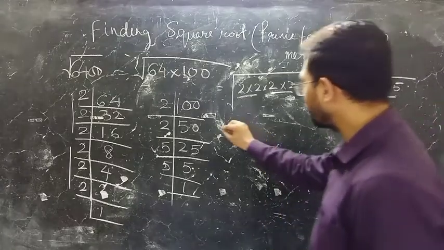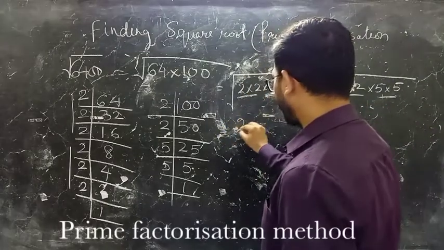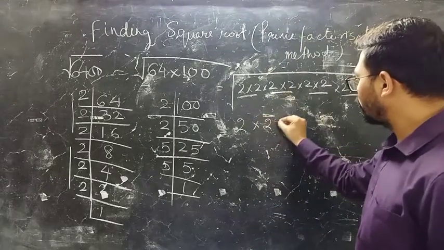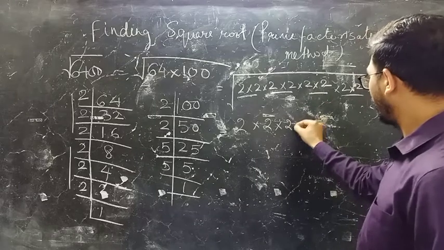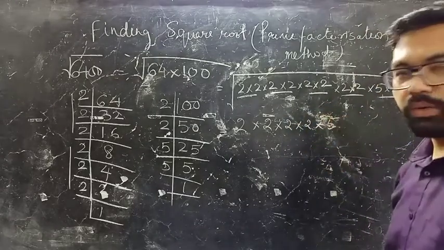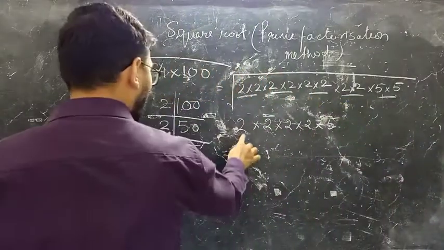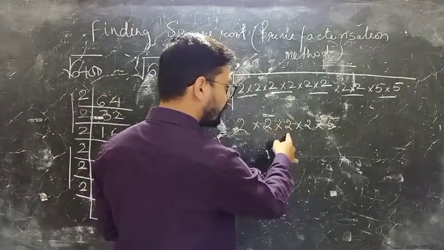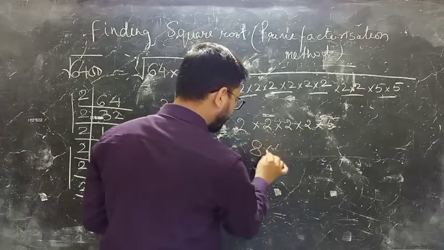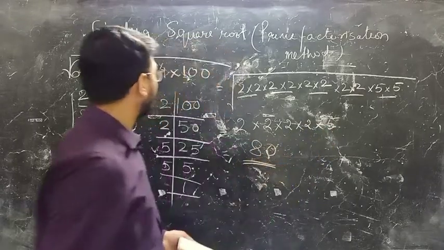Now from this pair I take 2 out from this square root. This 2 and 2 and 5 out from this square root. So 2 2s are 4, 4 2s are 8, okay, and 5 2s are 10. So 80 is your answer.